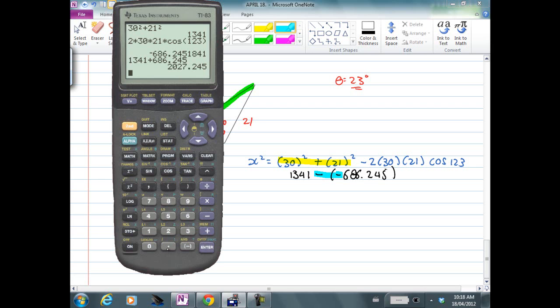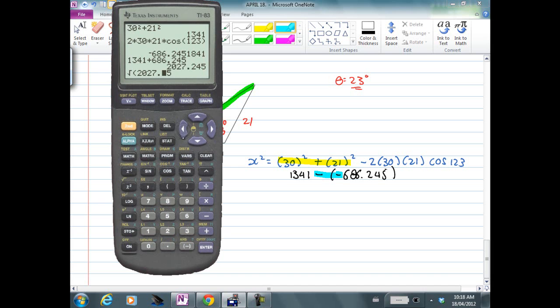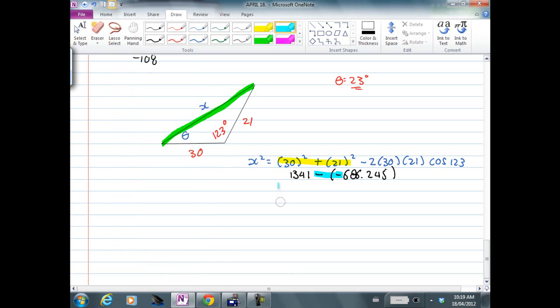Now we square root that number. 2027.245, square root, there we go. X equals 45. So my answer here is 45.